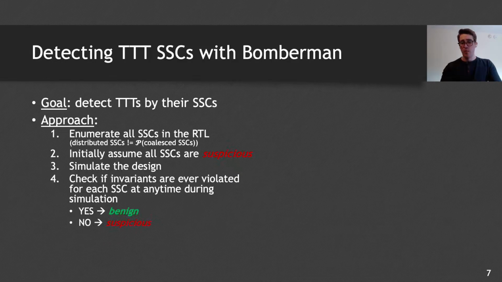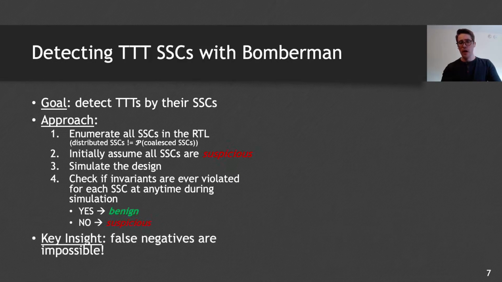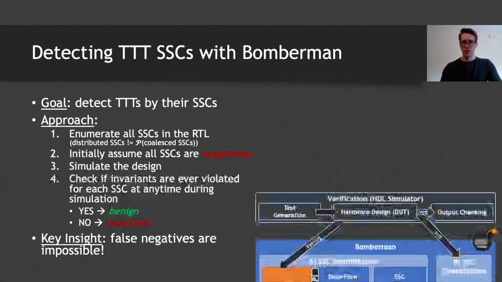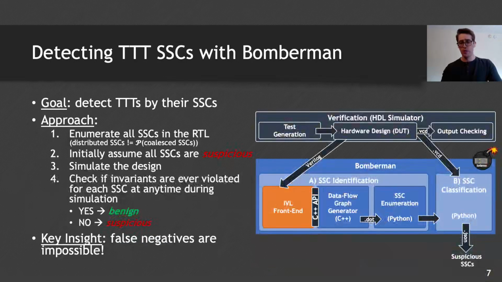A key insight from our approach is that false negatives are impossible, since we initially assume all SSCs are suspicious and only mark them benign when we know for certain they are not. That is, they violate the definition of a TTT. We implement this approach in a tool we call Bomberman, the architecture of which is shown here. In the interest of time, I'm not going to go into the details of its implementation. However, if you are curious, please refer to our paper.